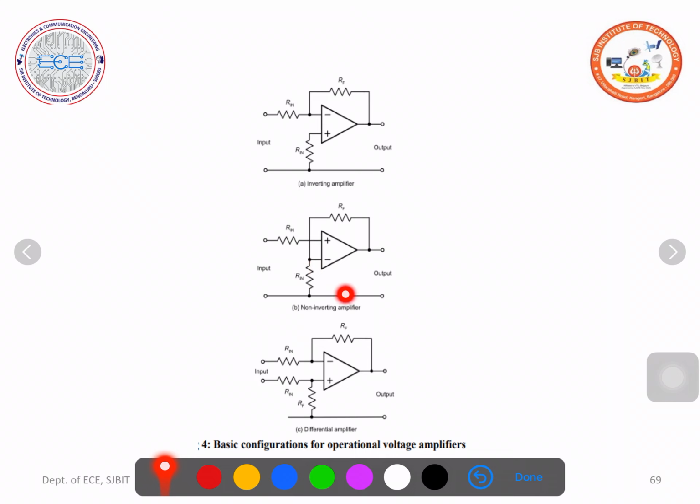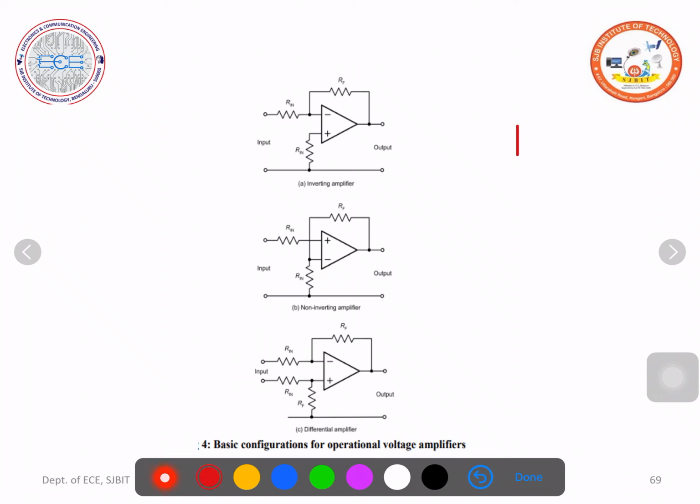But here, the inverting terminal is grounded because it is a non-inverting amplifier, but feedback is applied to the same terminal. In the non-inverting amplifier, to the non-inverting input terminal, we apply the input with respect to the ground. The inverting input terminal is grounded, and as usual, there is feedback.